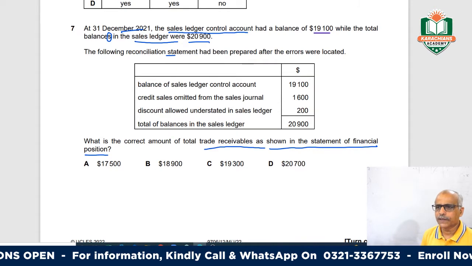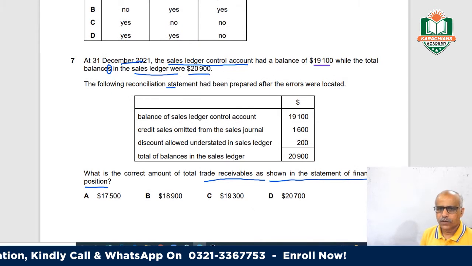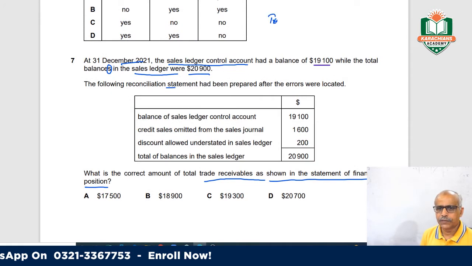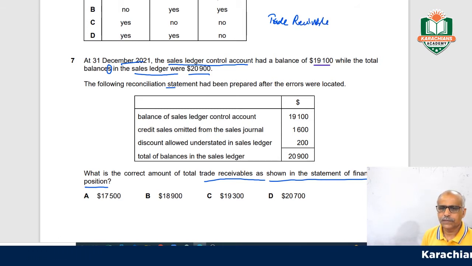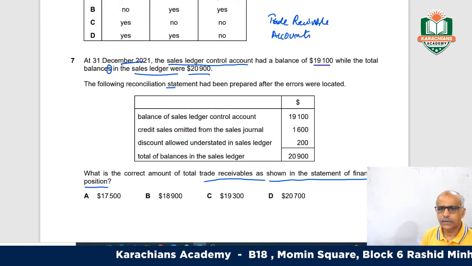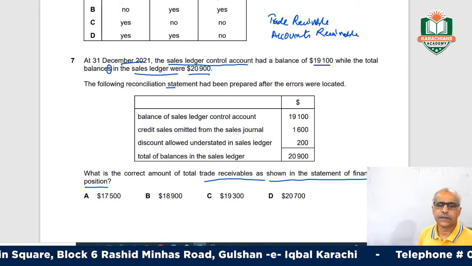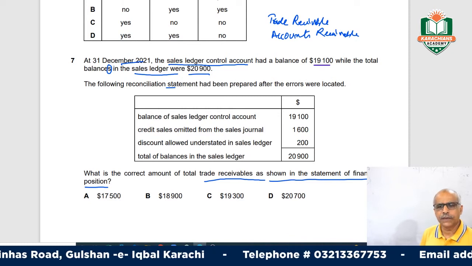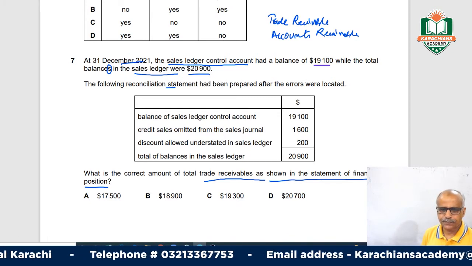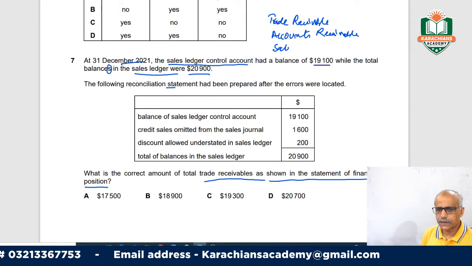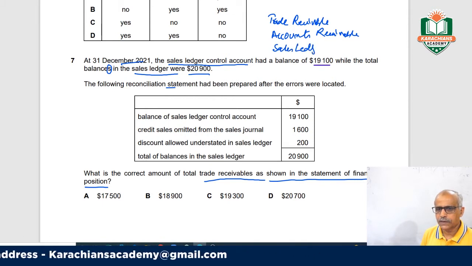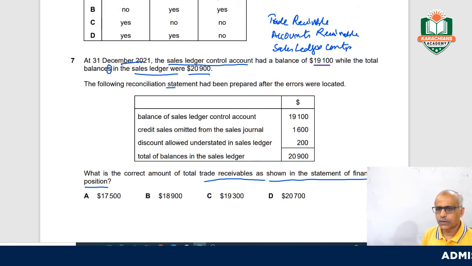So remember one thing, what we call trade receivables, we also call accounts receivable, a different name for the same account. And sales ledger control account.